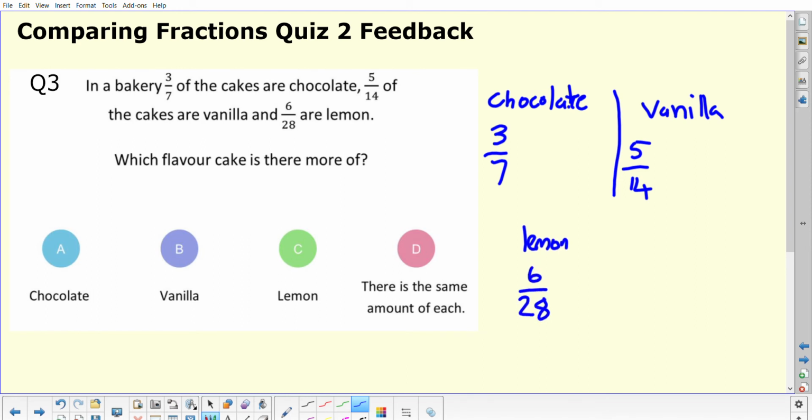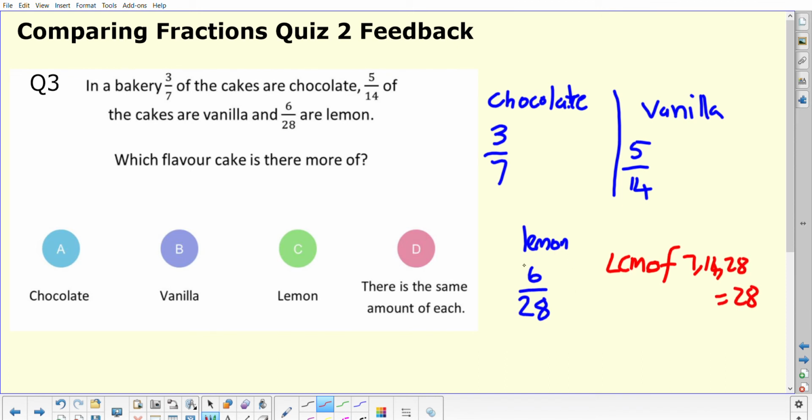So the bottoms of those fractions, 7, 14, 28, hopefully you can spot that the lowest common multiple, the first number that is common to 7, 14 and 28 is in fact 28.